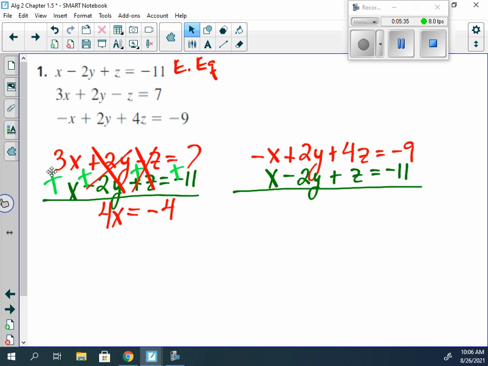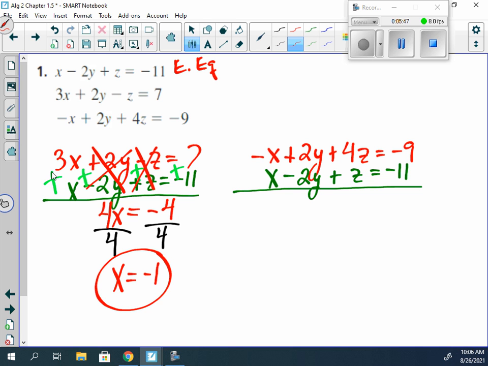I mean, we still have a variable, don't we? Wait, I just have 1. Let's just solve for x. So for our answer, negative 1. We're already 1/3 of the way done. That was kind of nice when it gives us that.